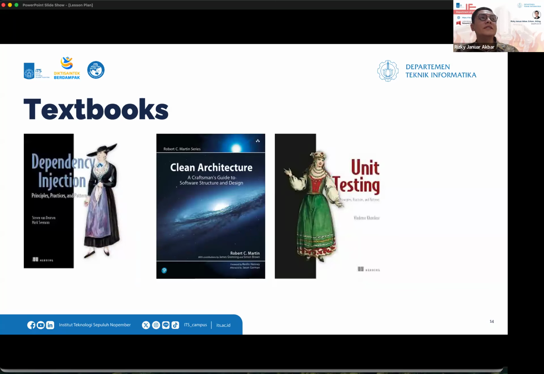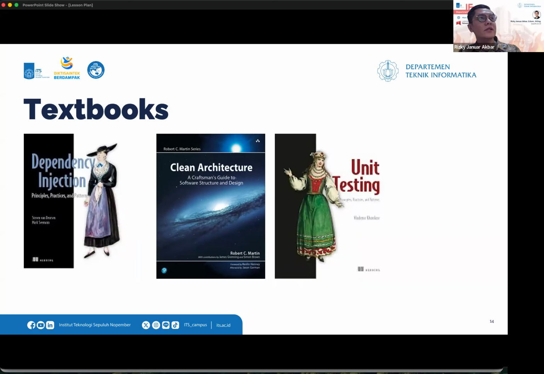And then for dependency injection, I recommend you to read the Dependency Injection book, Principles, Practices, and Patterns, by, I forgot, Mark Seemann. This book is very, very detailed about dependency injection.